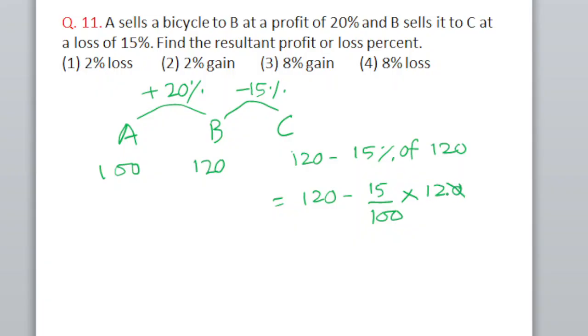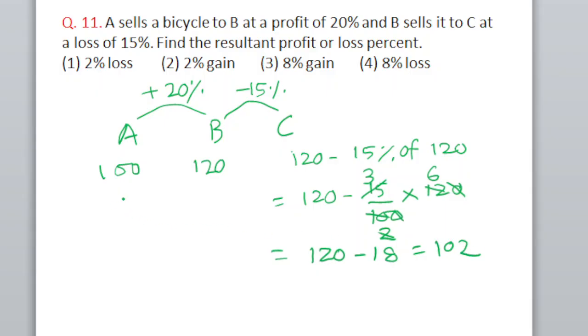Here this 0 cancels this 0, 5 3s are 15, 5 2s are 10, 2 6s are 12, 3 into 6 is 18, so 120 minus 18, so that is equal to 102.